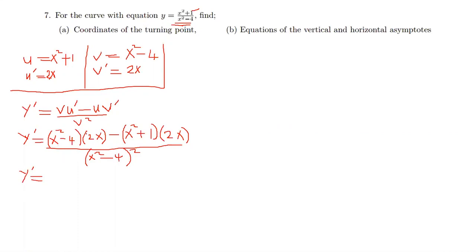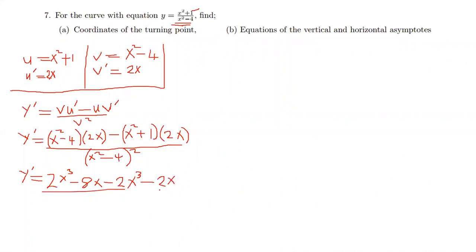So when you multiply this and what is in the brackets there, you're going to have 2x times x squared, you're going to have 2x to the power 3, then minus, this will be 8x, and then this side you also have negative 2x to the power 3, then minus, this will be 2x.